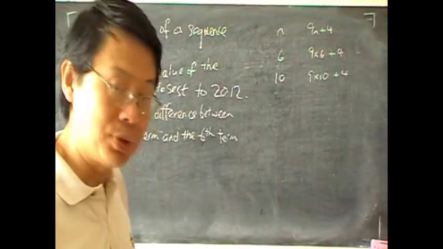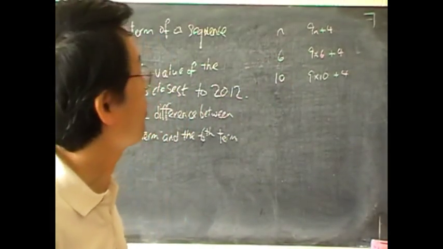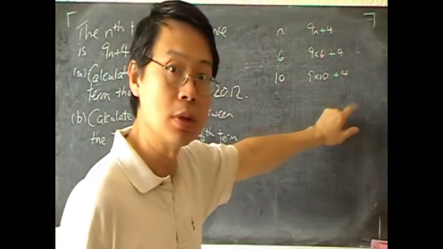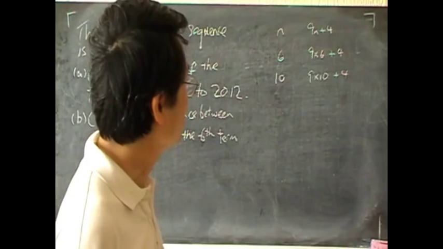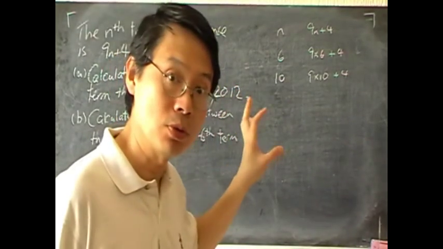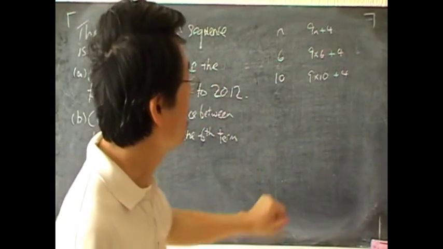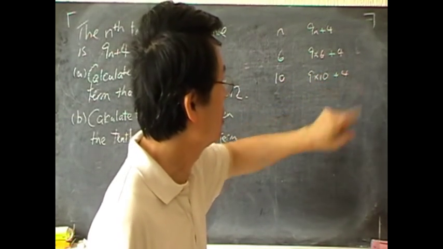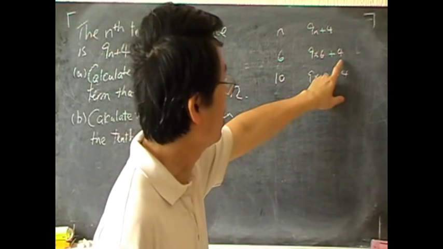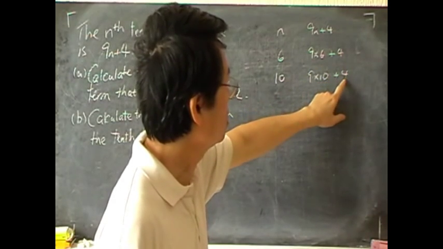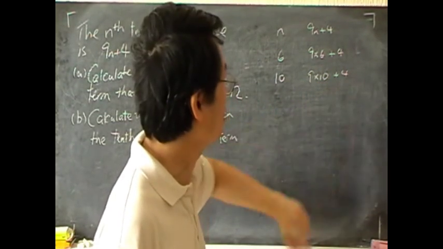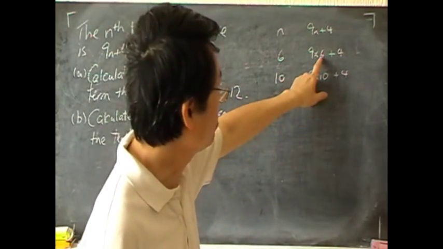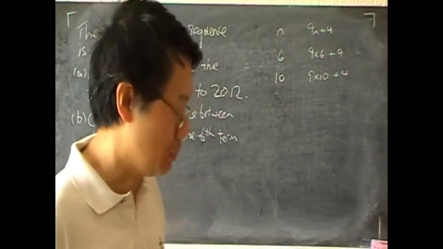Now, but there is a quicker way. If you look at these two expressions before we calculate anything, you will see that there are many parts of these that look similar. There are the 4s in the two expressions and the 9 times. The only difference between them is the 6 and the 10.